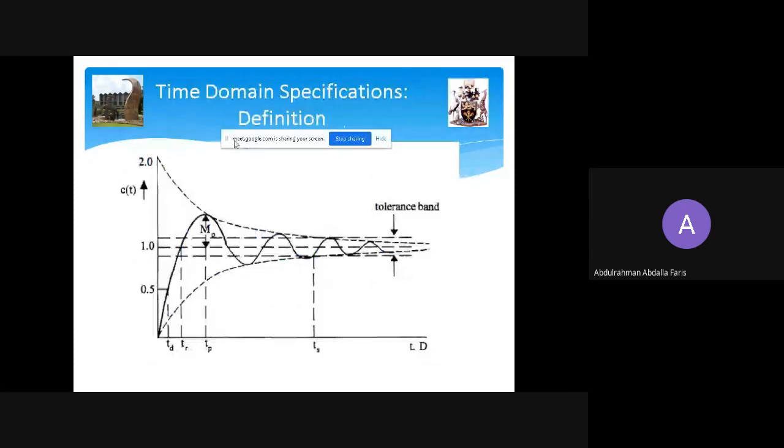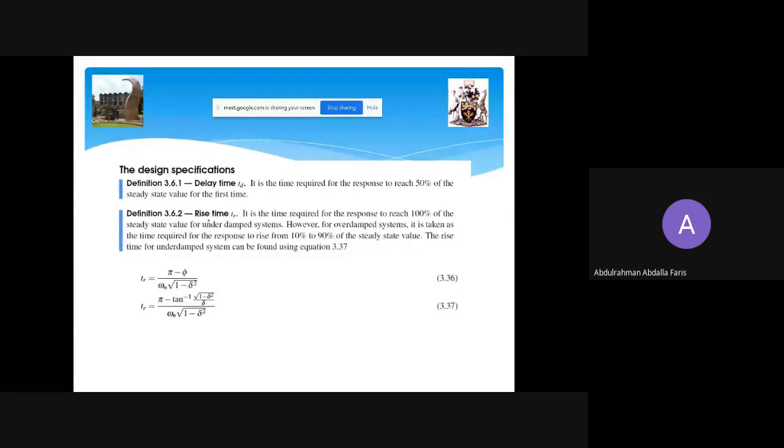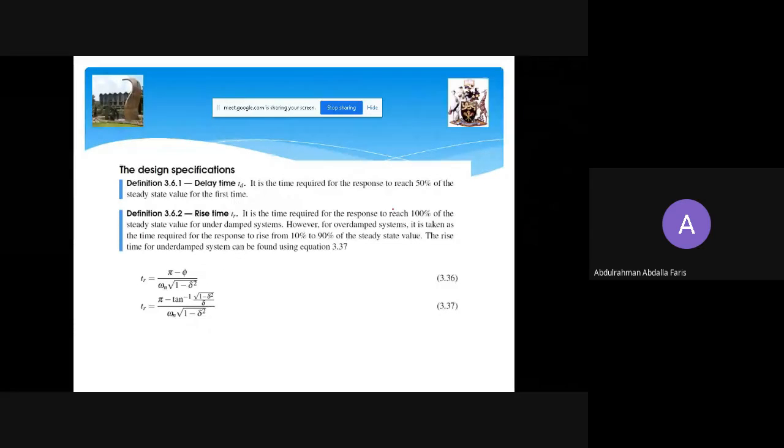So the way we do this is to define some parameters which we will use for our design. We have delay time, rise time, peak time, settling time, and maximum overshoot value. Delay time, TD, is the time required for the response to reach 50% of the steady state value for the first time.